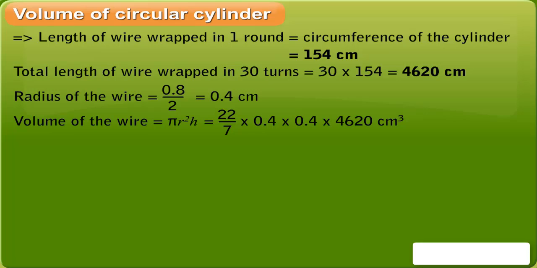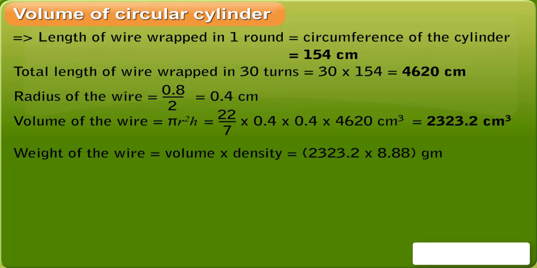So this becomes 22 by 7 into 0.4 into 0.4 into 4620 centimeter cube is equal to 2323.2 centimeter cube.